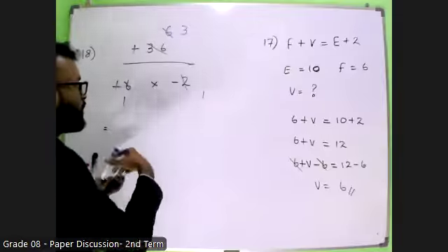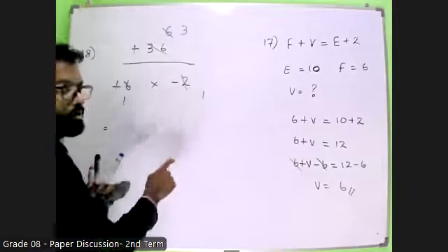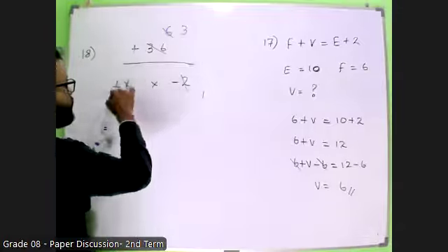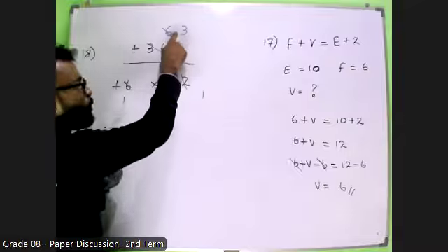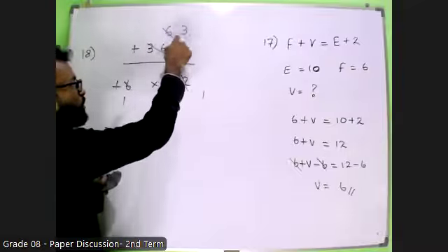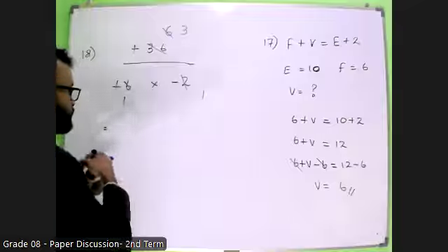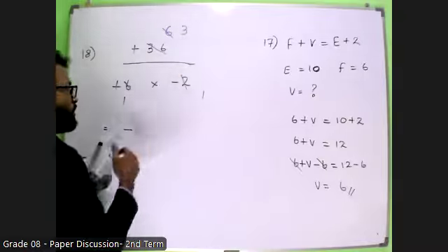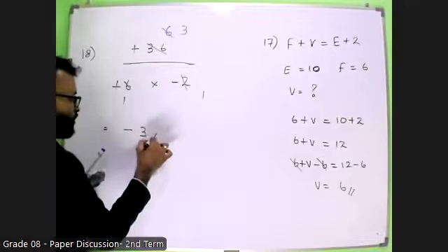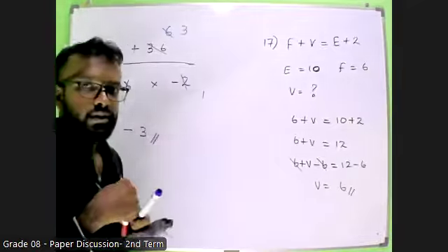Now here you have minus 1. Here you have minus sign. These two have been gone. Now this is positive 3. Positive divide by minus. Minus 3 divided by 1. 3. So your final answer will be minus 3.